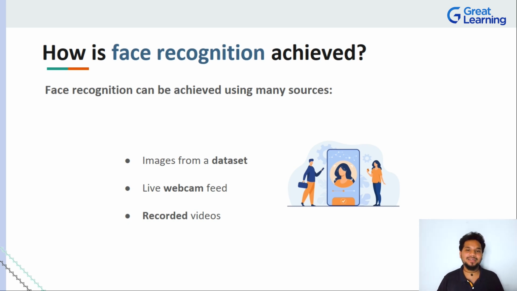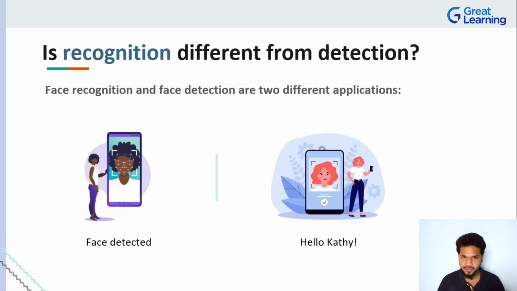And a static image is exactly what Facebook uses when it recognizes you and automatically tags your friends. But whenever we're trying to monitor traffic or doing those mask-related applications, that is when you're either using a live webcam feed via video or a recorded video from the past, right? So this is something you guys really need to know.